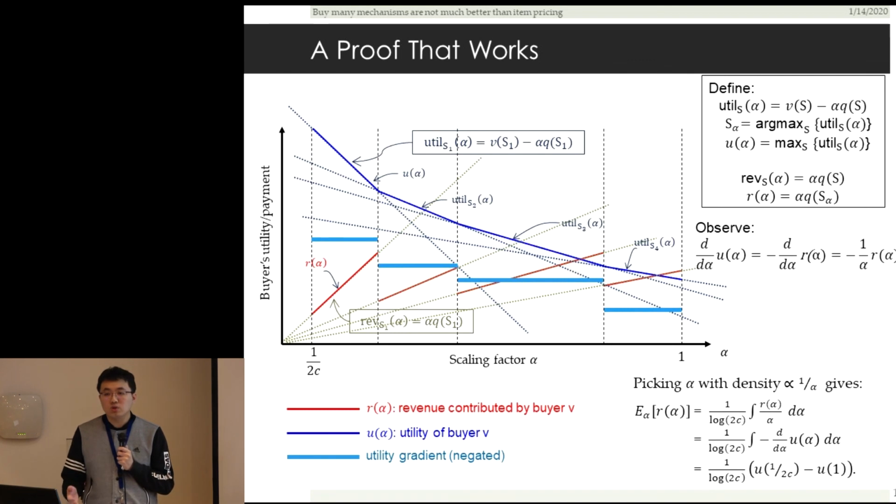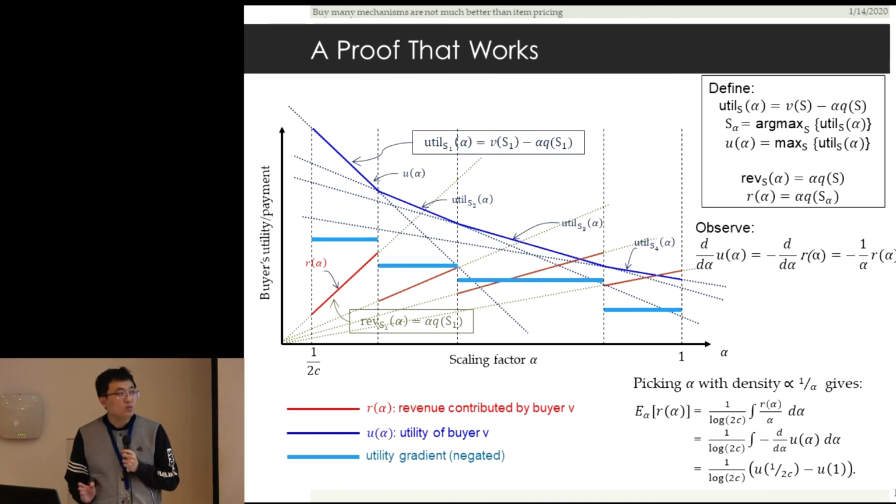In a menu with multiple options, when alpha increases, the buyer will deviate to purchase some other set of items. The utility function will be a decreasing piecewise linear function, and each segment corresponds to the same set purchased by the buyer when alpha is in the range.